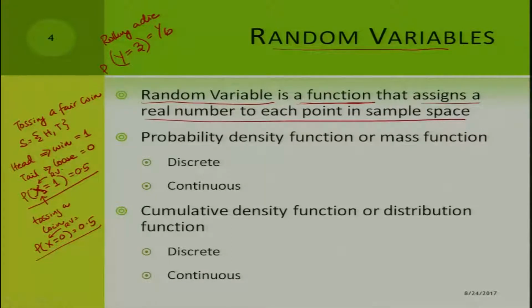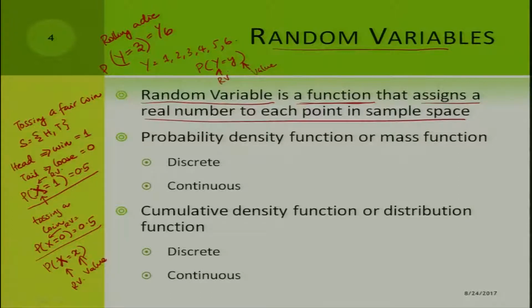The values this random variable Y can take are 1, 2, 3, 4, 5 and 6. We typically represent this as the probability of big Y equal to little y, or here you would write it as the probability of capital X equal to little x. This is the random variable, and this is the value.